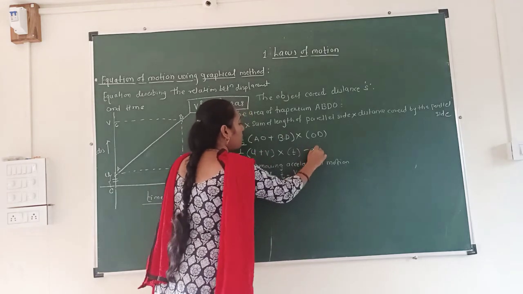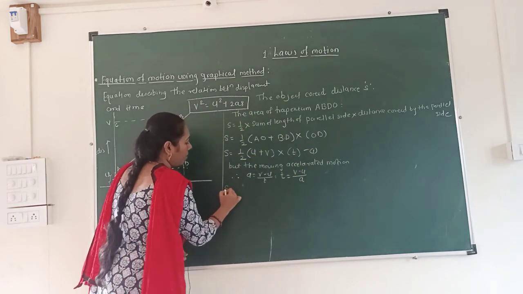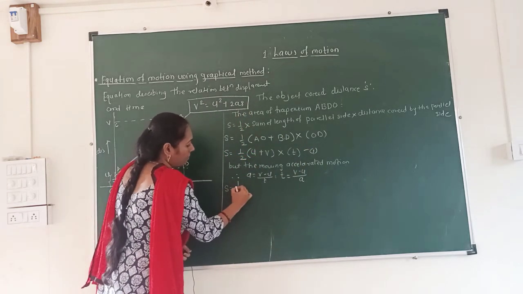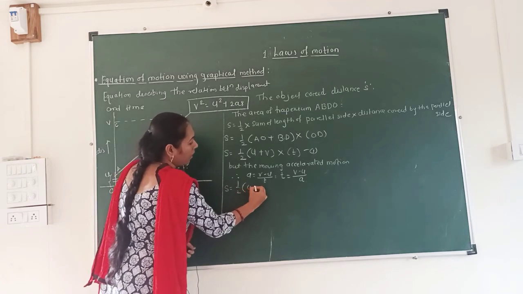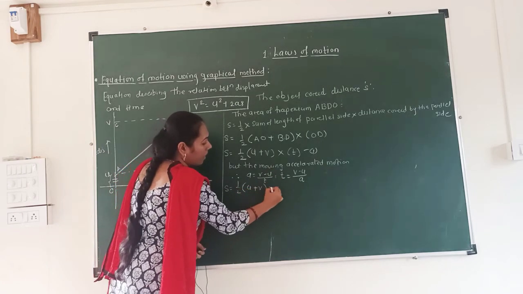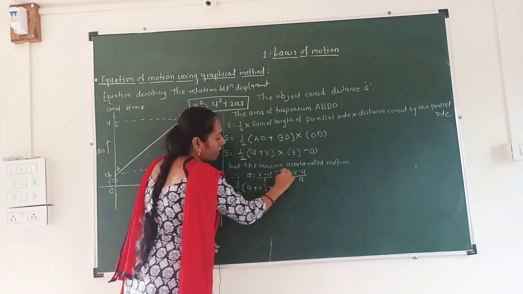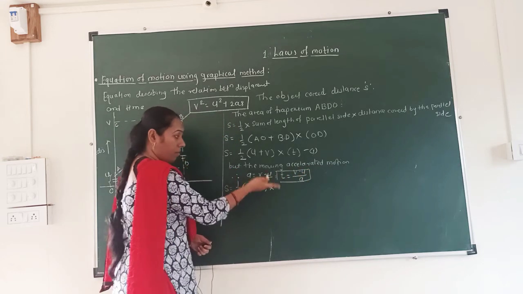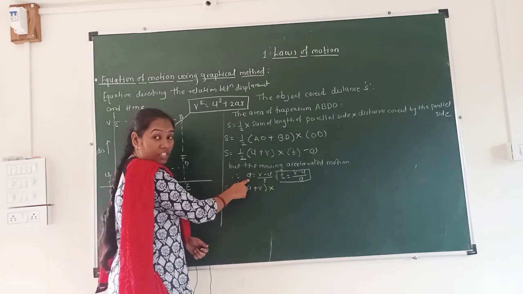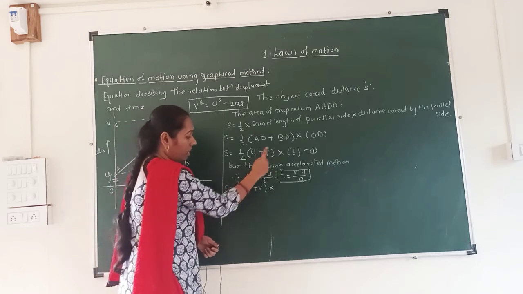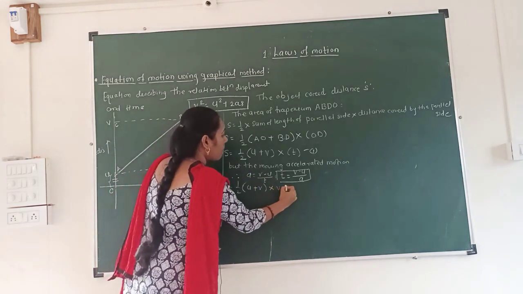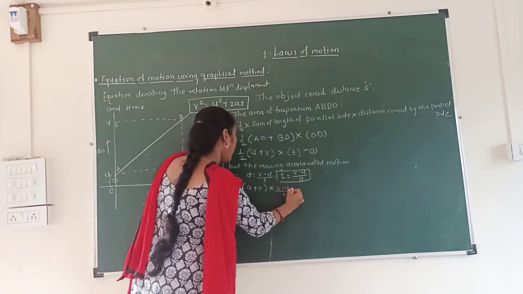The equation becomes s is equal to 1/2 into u plus v into the value of t. From the earlier equation, the value of t is v minus u divided by a.